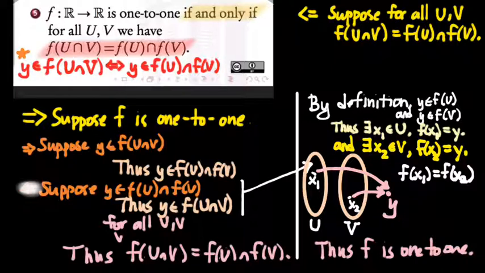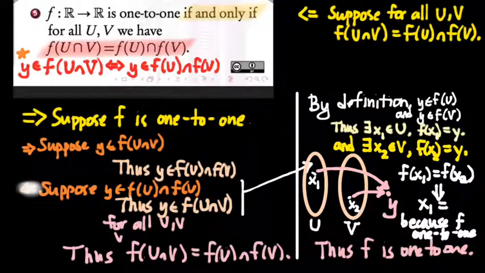But because f is one-to-one, that implies that x1 is equal to x2. Because after all, that is the definition of one-to-one.